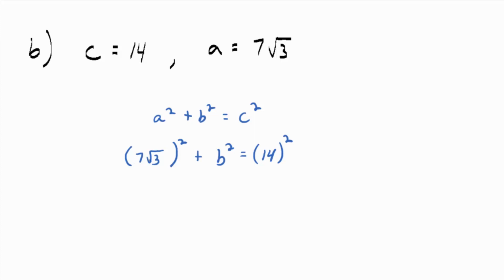Okay, now this is what you have to remember here. 7 root 3 is really a product. So when you square that product, you have to square the 7 and the root 3. So you get 7 squared times root 3 squared. So how would that simplify?